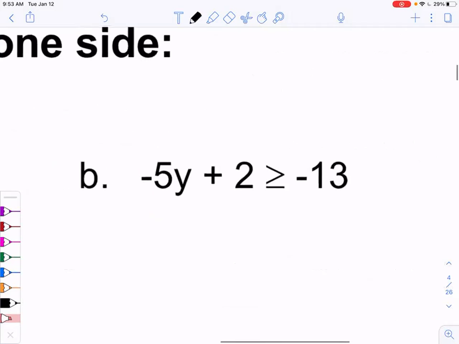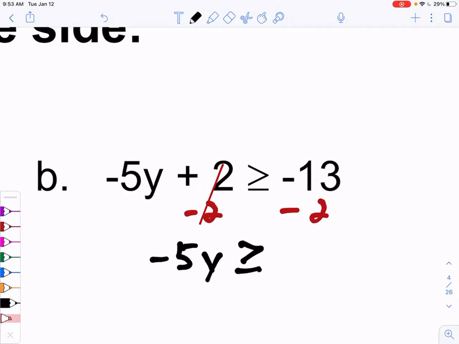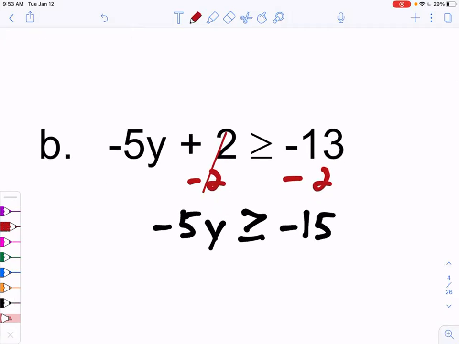So Peyton, what's our first step going to be here? Yeah. Subtract 2 from both sides. So we get -5y is greater than or equal to negative 15. And then what we're going to do next is divide by negative 5. Josh, what happens when we divide by a negative number?